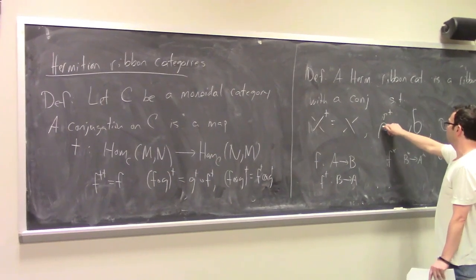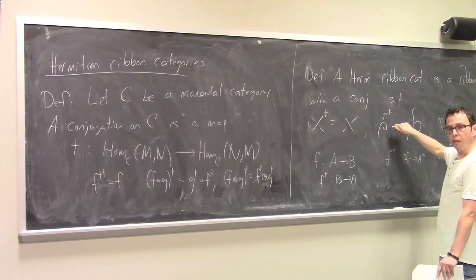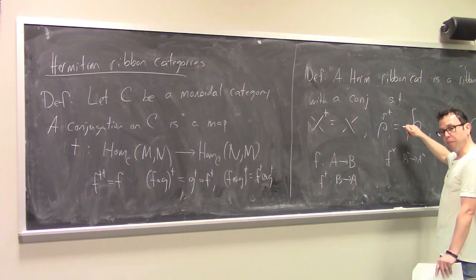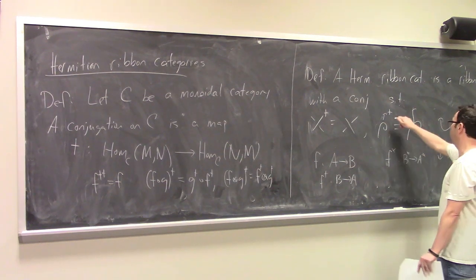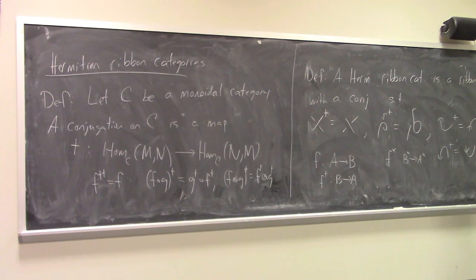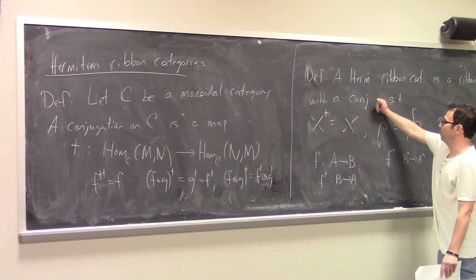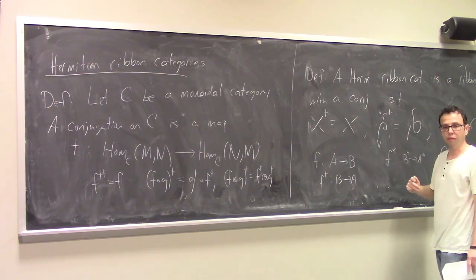The condition is that you're doing the inverse. I mean, the ribbon is an invertible morphism, and so you just do the inverse of the ribbon morphism. That's the definition of what a ribbon dagger is. Right, because a ribbon goes from, let's say, V to V, so the dagger also goes from V to V.